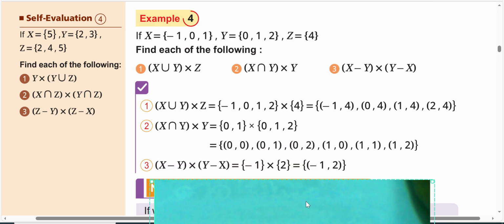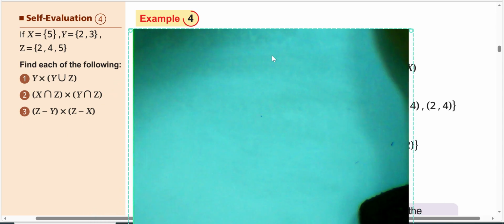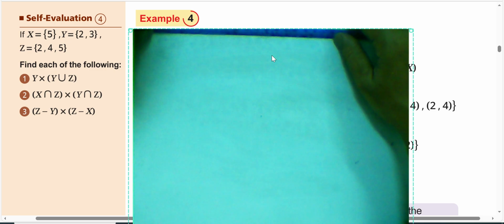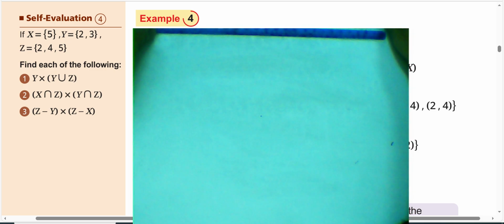Self-evaluation number 4. We have X equal to {5}, Y equal to {2, 3}, and Z equal to {4, 5}.